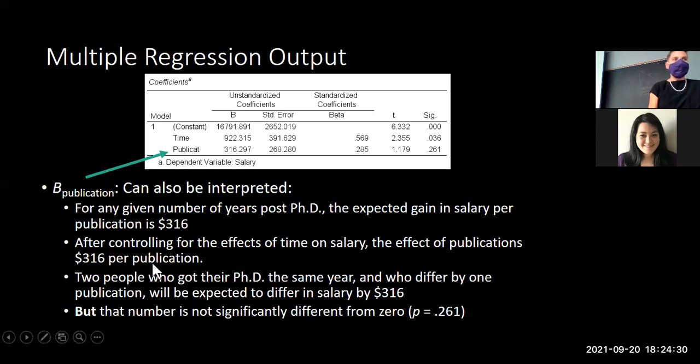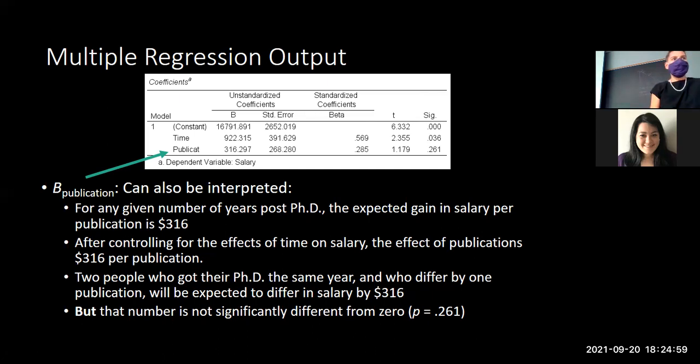So here I say, for any given number of years post-PhD, the expected gain in salary per publication is $316, which means the same thing as, but has a slightly different feeling from, after controlling for the effects of time on salary, the effect of publications is $316 per publication.